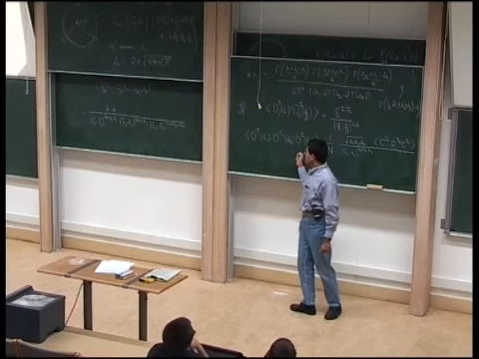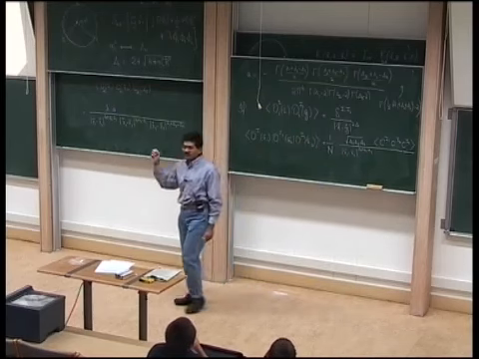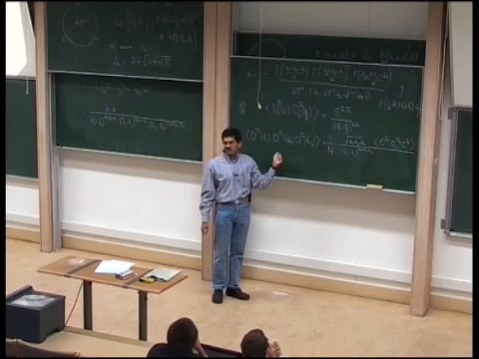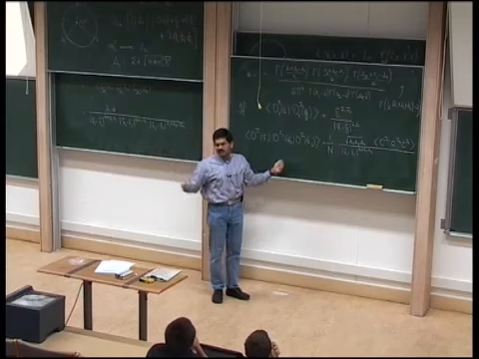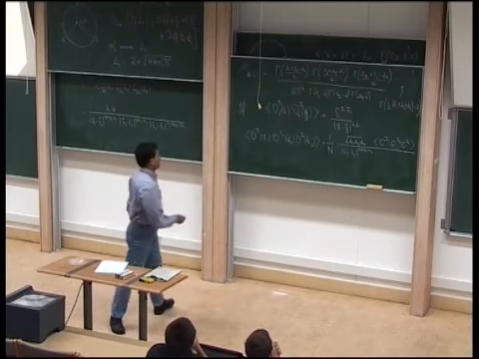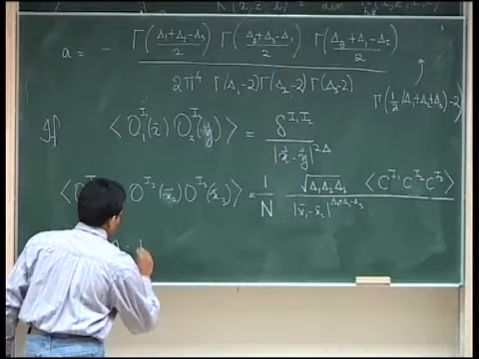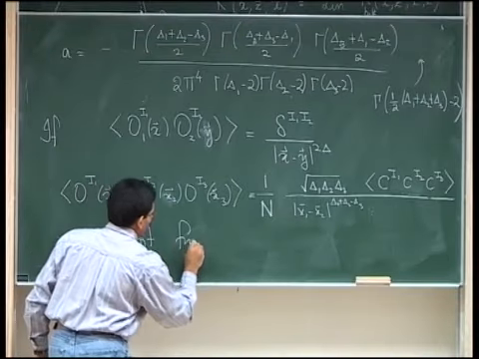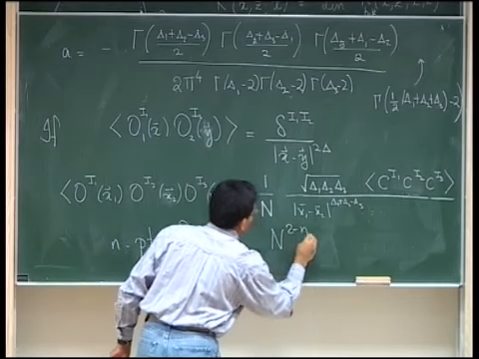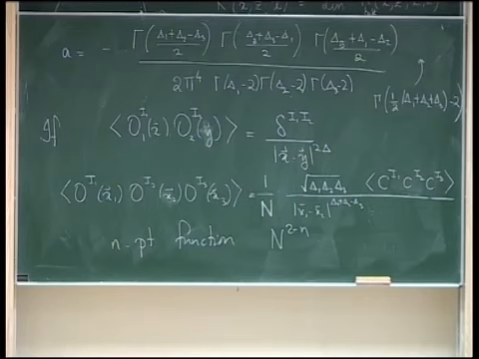And you should see that if you compute properly normalized correlation functions of operators, 2-point functions are order 1, 3-point functions are of order 1 over N, and higher point functions are order 1 over N to the appropriate power. An n-point function should scale like N to the 2 minus n.